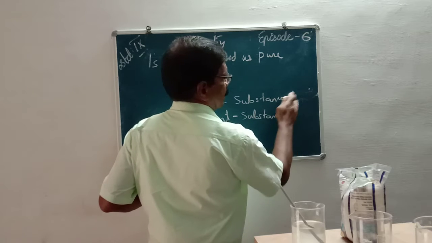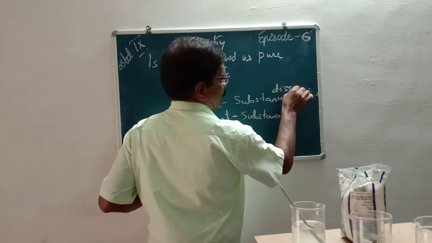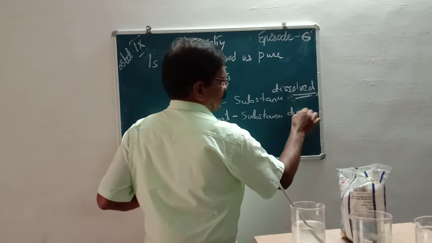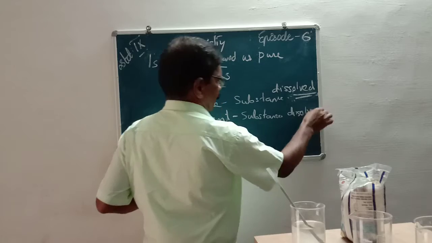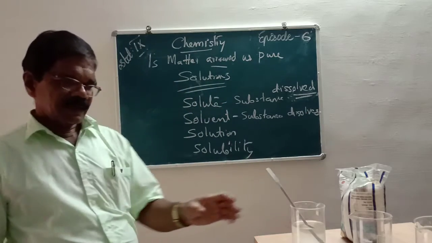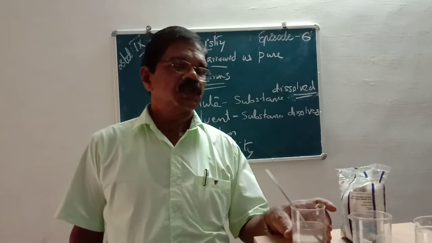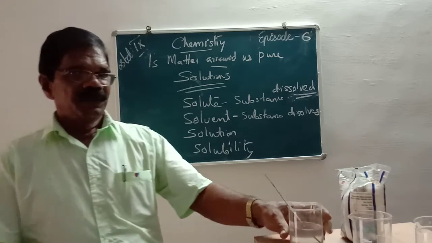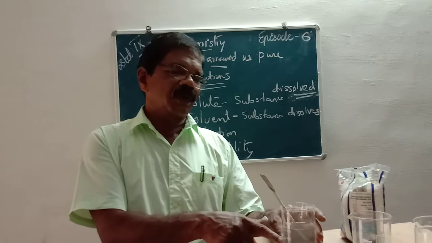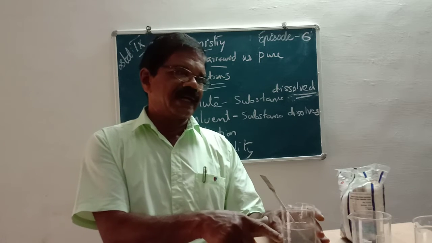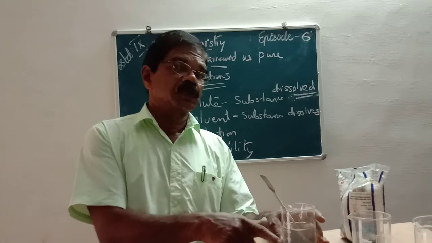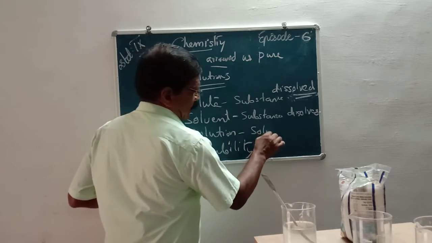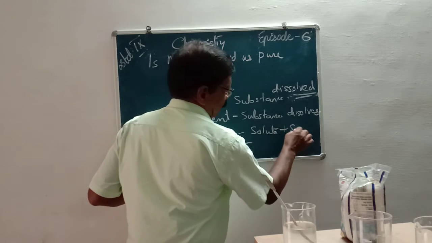Here the solute is dissolved. Here water is the solvent. When salt is dissolved in water, we get salt solution. Solution means solute plus solvent.